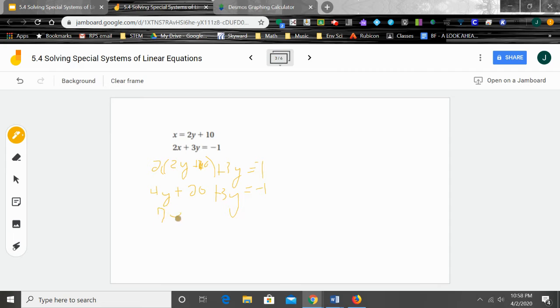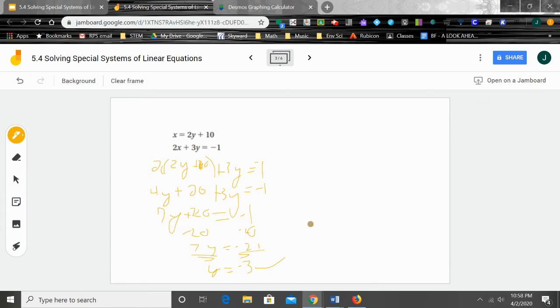So 7y plus 20 equals negative 1. Subtract 20 from both sides. 7y equals negative 21. Divide by 7. y equals negative 3.